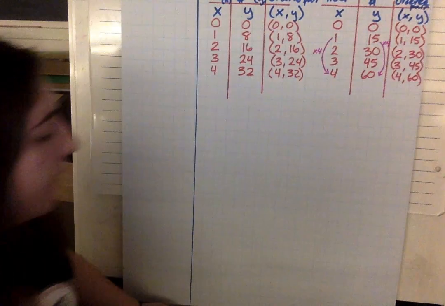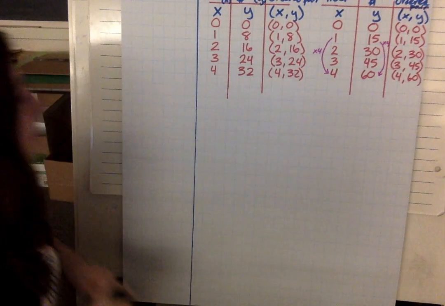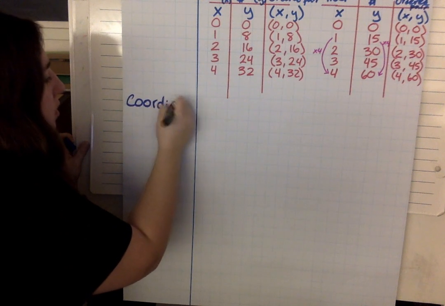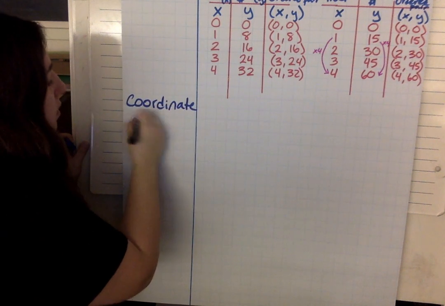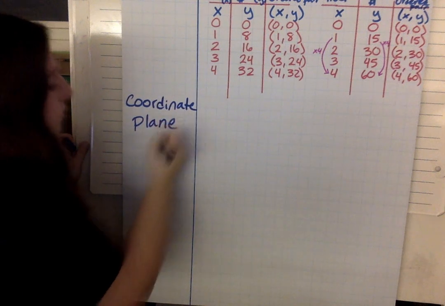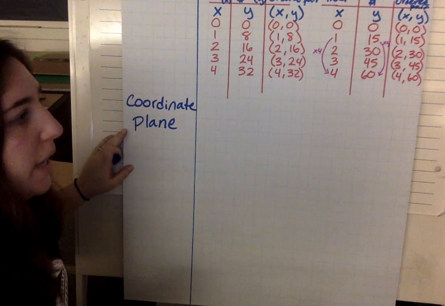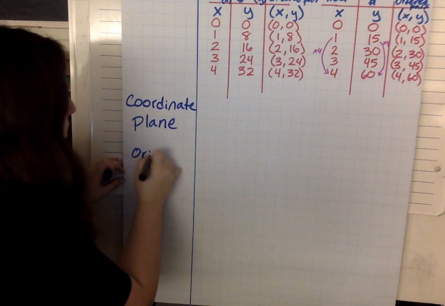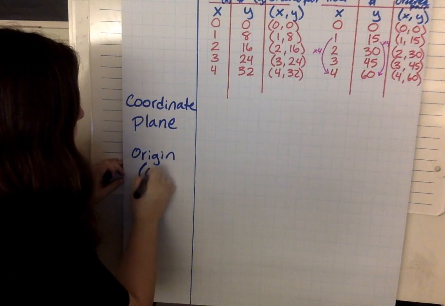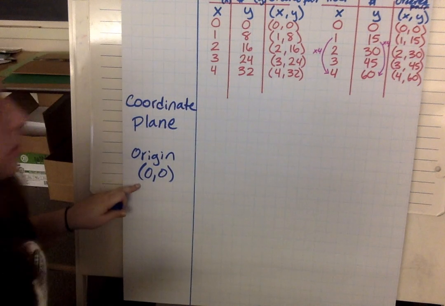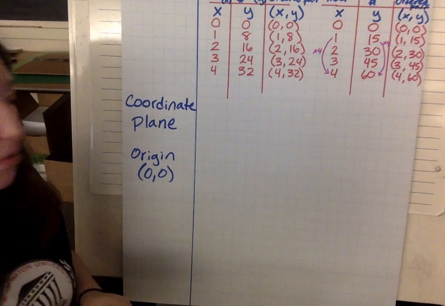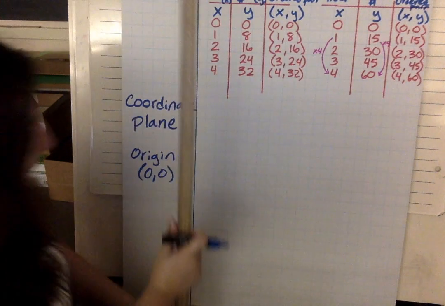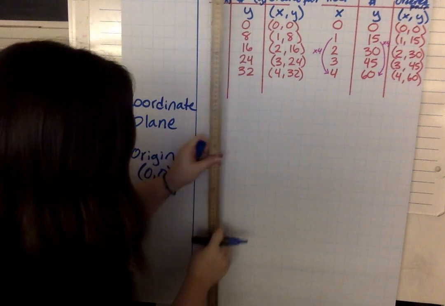Okay, so we have our coordinate plane. And on our coordinate plane, we also have an origin. And the origin is at 0, 0, so hopefully this is just review for many of us. And I am going to make our coordinate plane now.